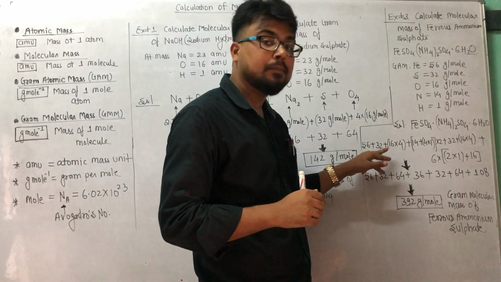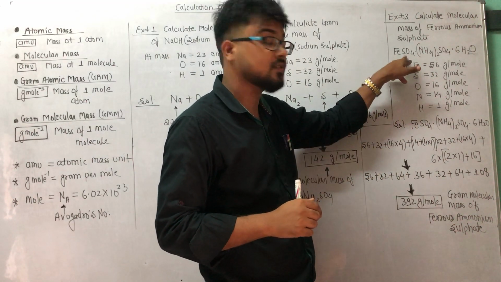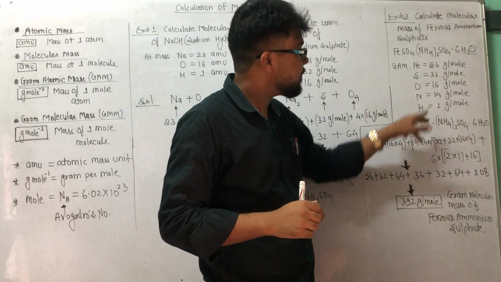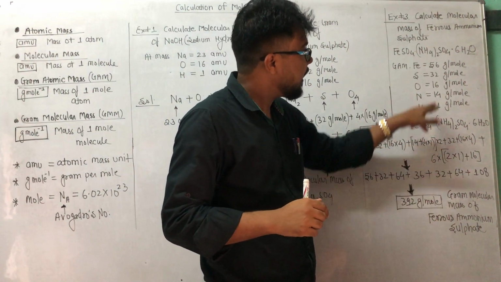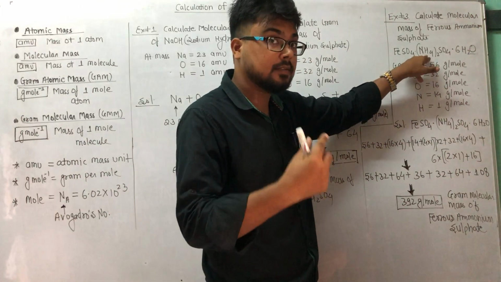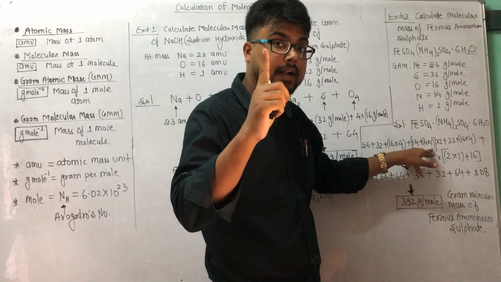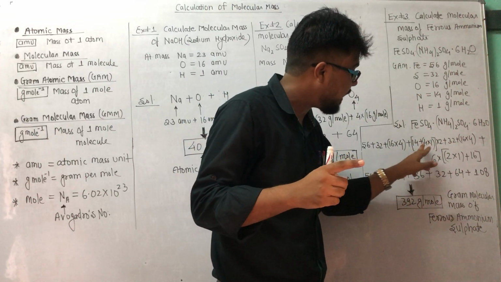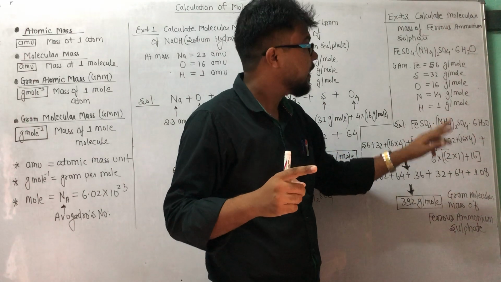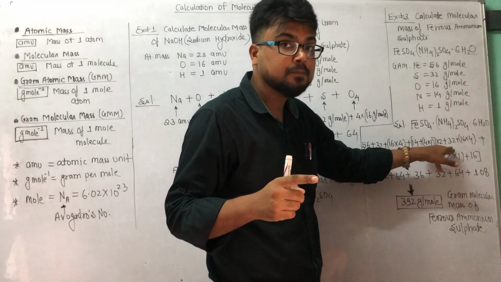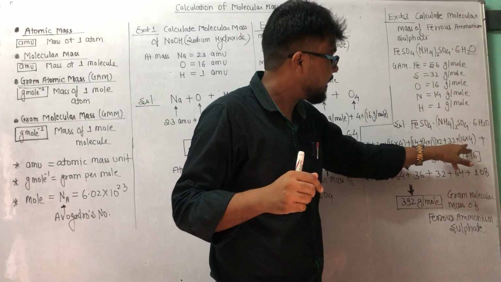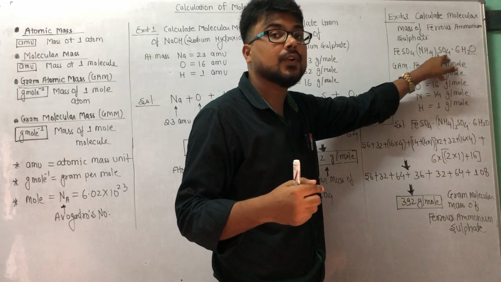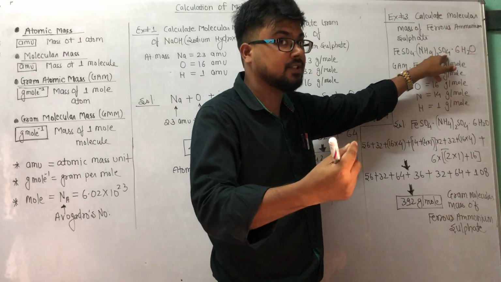For oxygen, I multiplied 16 with 4 because 4 oxygen atoms are there. Further, I have to add N, which is 14. Hydrogen is 4, and the gram atomic mass of hydrogen is 1. And further, it is twice, the whole thing is twice, so I will multiply the complete value with 2. And further, sulfur is 32. For oxygen, it is 16 into 4, again multiplied by 4 because 4 oxygen atoms are there, with the atomic mass of oxygen 16.